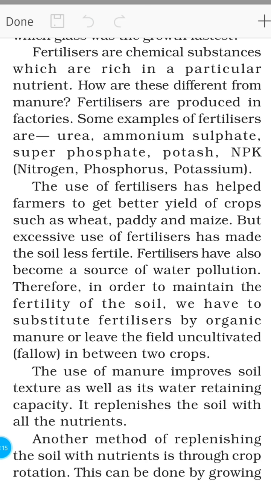Therefore, in order to maintain the fertility of the soil, we have to substitute fertilizers by organic manure or leave the land uncultivated in between two crops. Leaving the land uncultivated is called land fallow. That is, we are not growing any crop in that time period in the field.